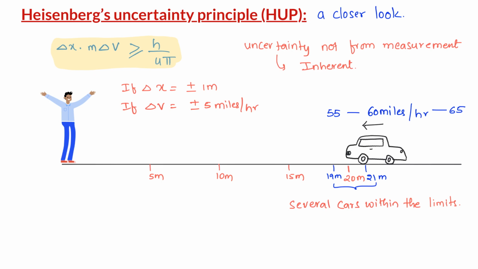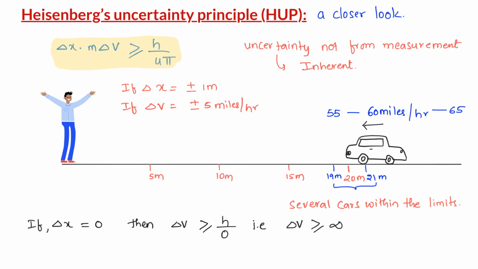Let us say delta x is equal to 0, meaning the uncertainty in its position is 0, or in other words, we know exactly where the particle is.